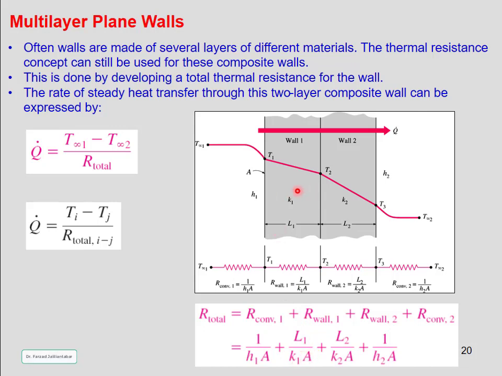L is the thickness of the wall, K1 is the thermal conductivity of the wall, and A is the heat transfer area of the wall.